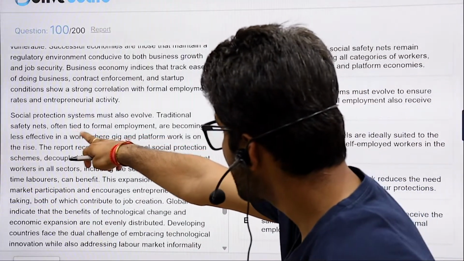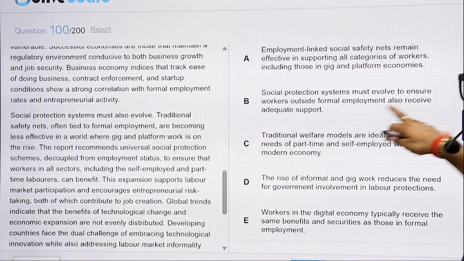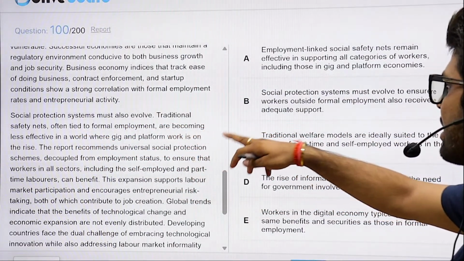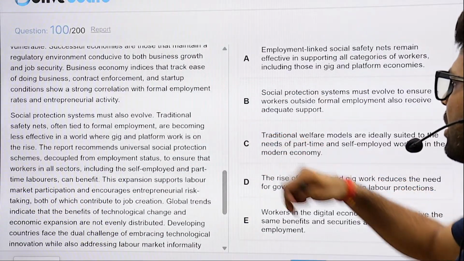Social protection systems clearly stated must evolve. Traditional safety nets often tied to formal employment are becoming less effective.